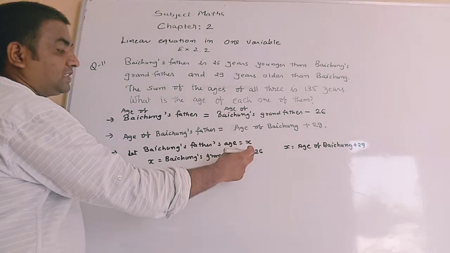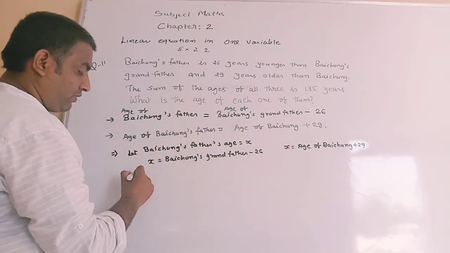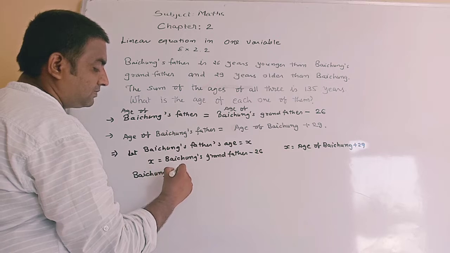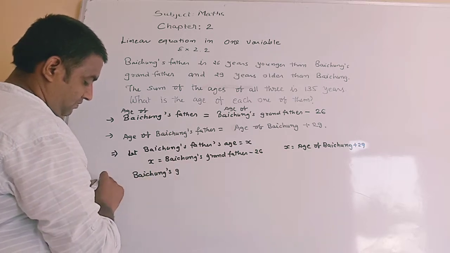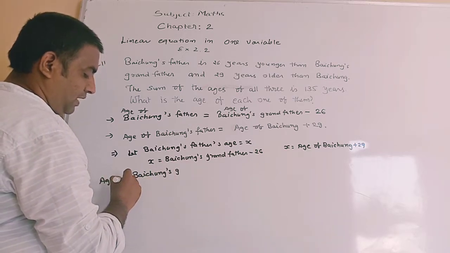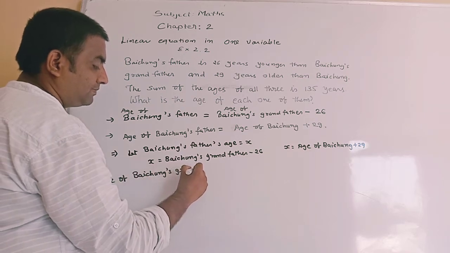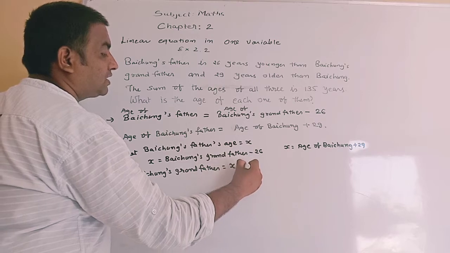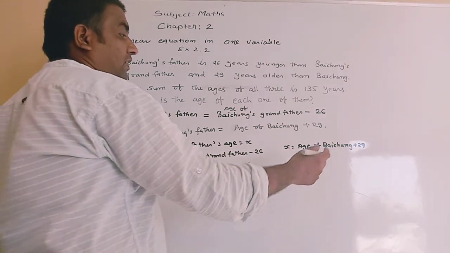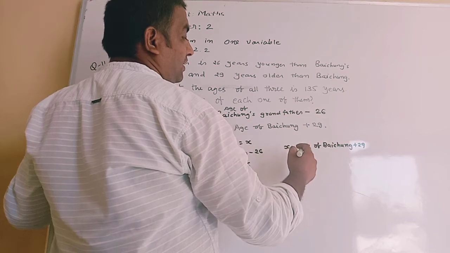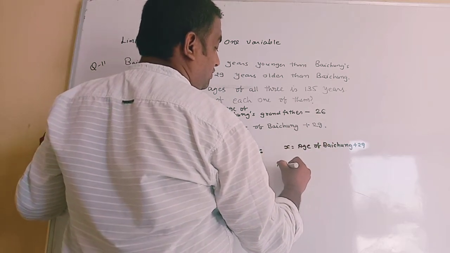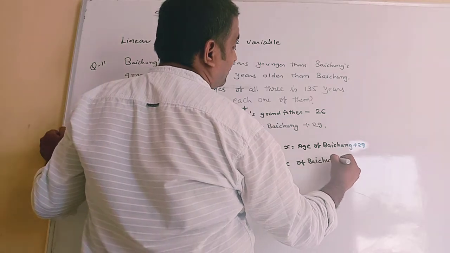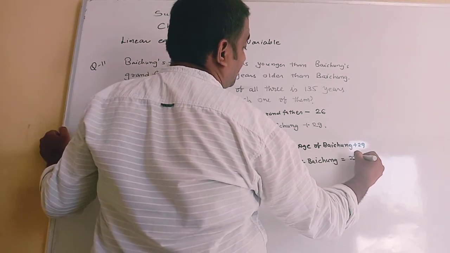And so minus 26 from the right hand side to the left hand side will come, so we will get age of Baichung's grandfather is x plus 26, and 29 we bring from the left side to the right side, age of Baichung we will get x minus 29.